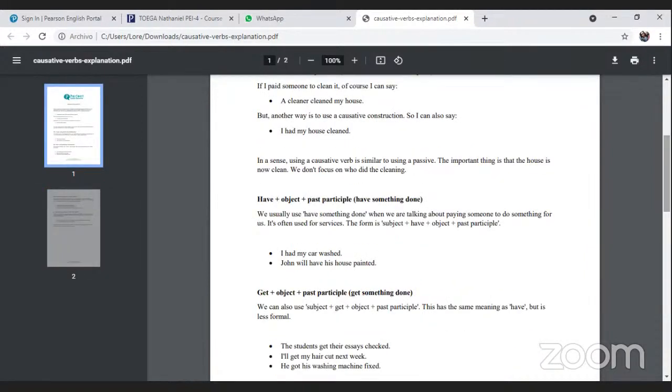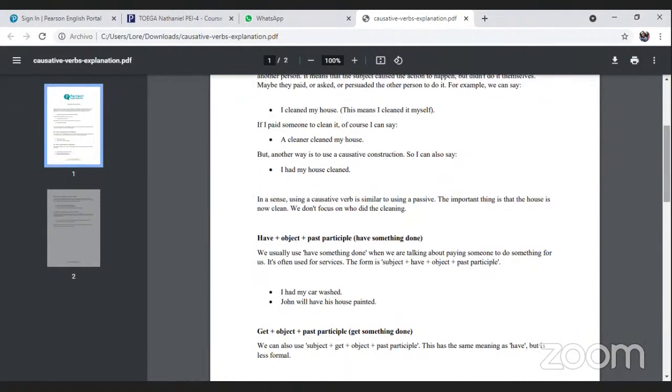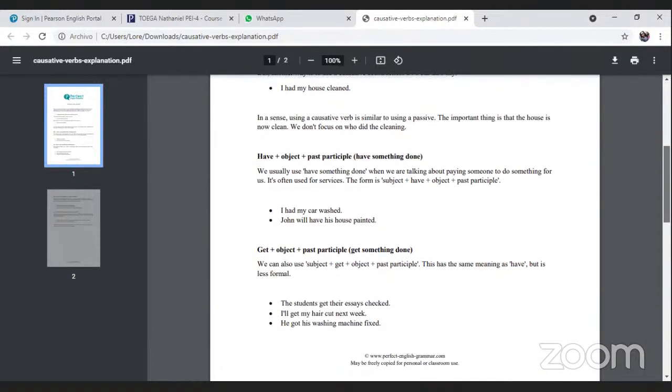I think this is easy and clear, right? Maybe some questions. Not really, the only difference between get and have is that get is, I don't know, more direct. Yes, you can use both to express the same thing, right?